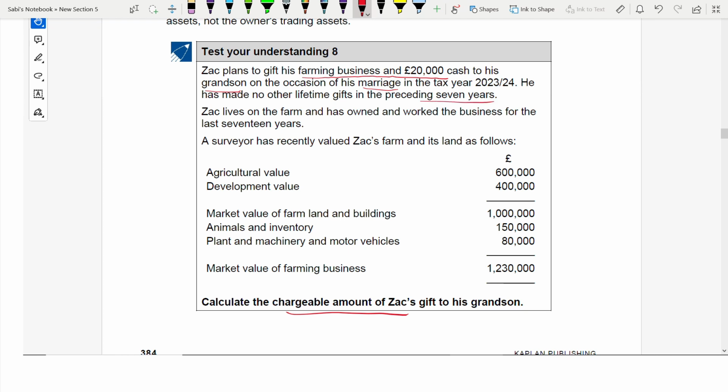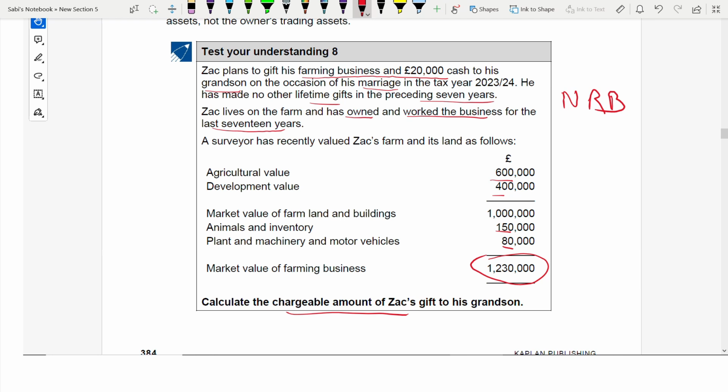The reason why they give this is for you to see whether they have utilized the nil rate band or not. That means the full 325,000 is applicable for this gift. Zach lives on the farm and has owned and worked in the business for the last 17 years. Now, agricultural value is 600, development value is 400, animal inventory is 150, plant and machinery and motor vehicle 80. So the total is this one.